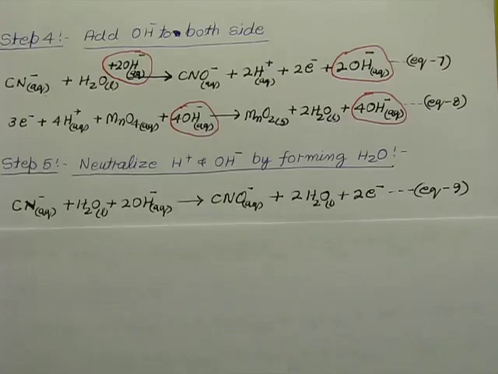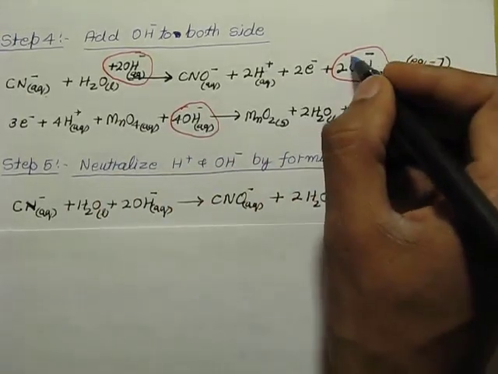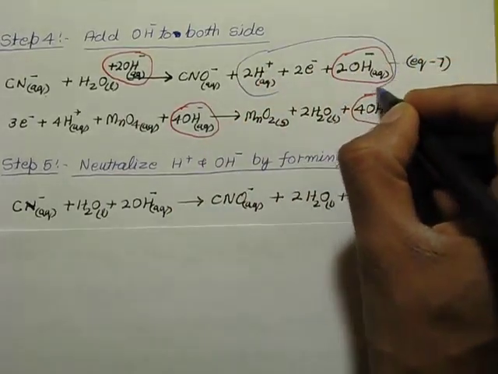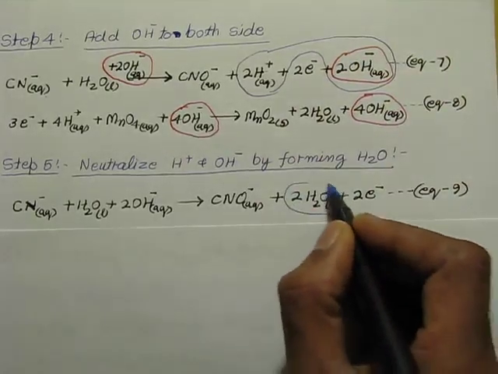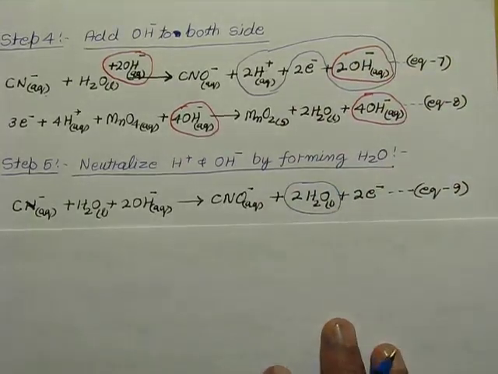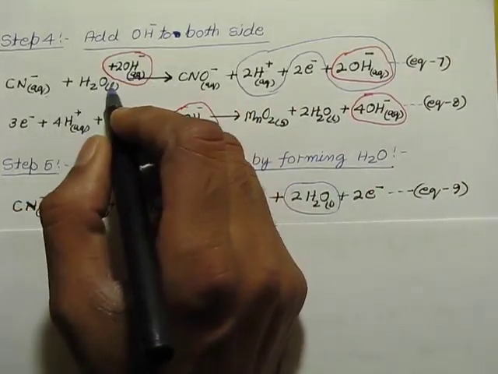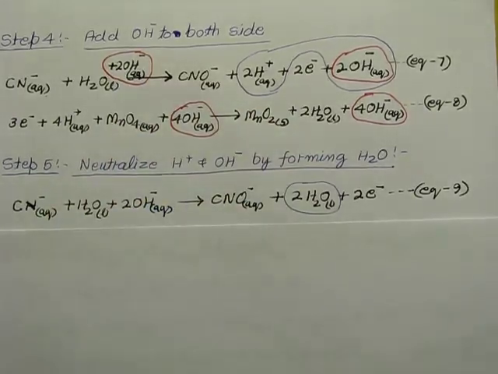So if you see that 2 hydroxyl ion and 2 hydrogen ion, if you combine these two, they can form 2 water molecule which are here, and on the reactant side there is no hydrogen ion, therefore the hydroxyl ion will remain as such.